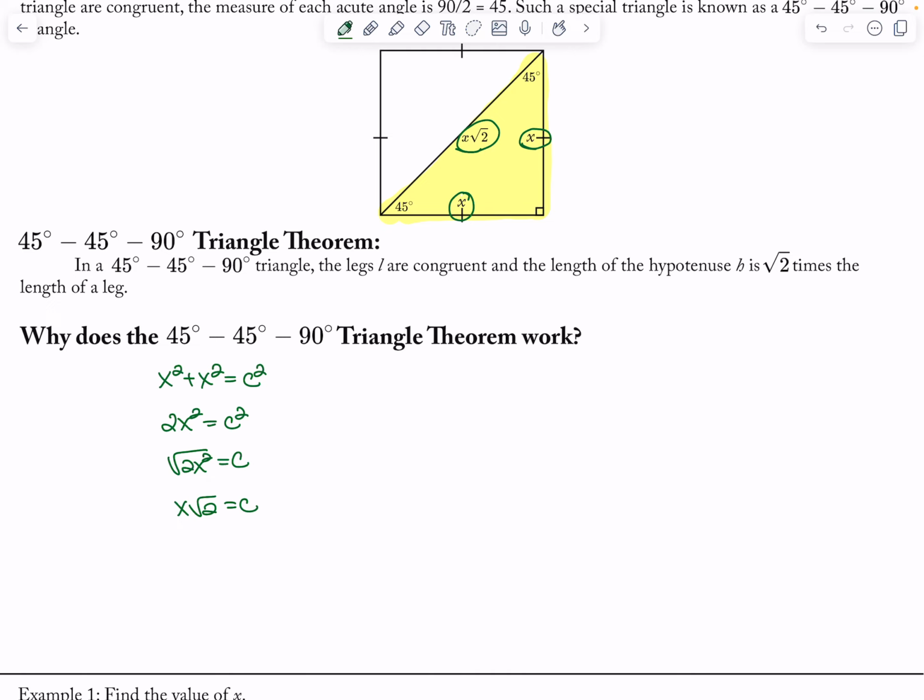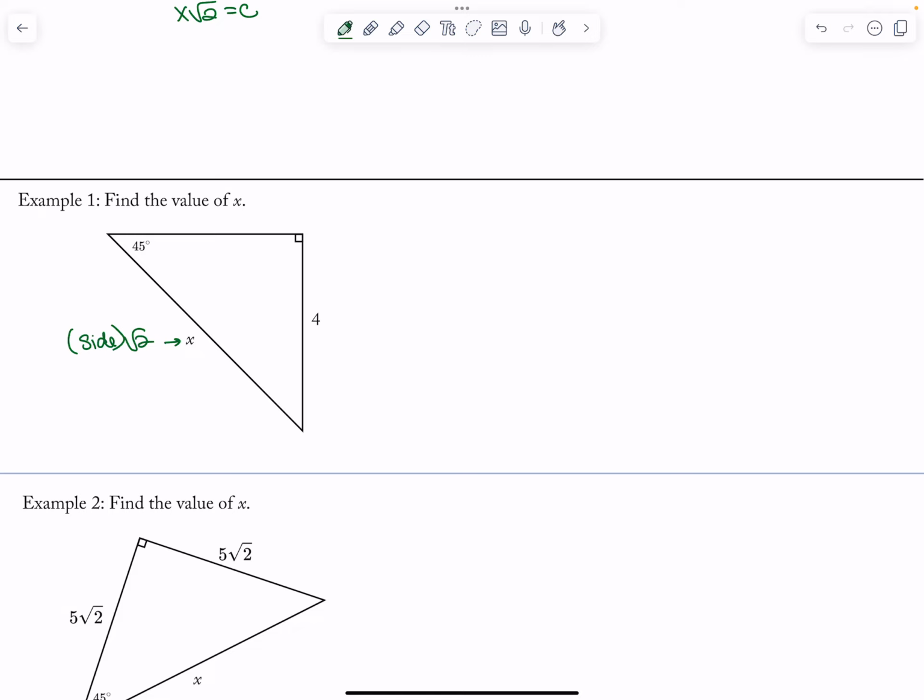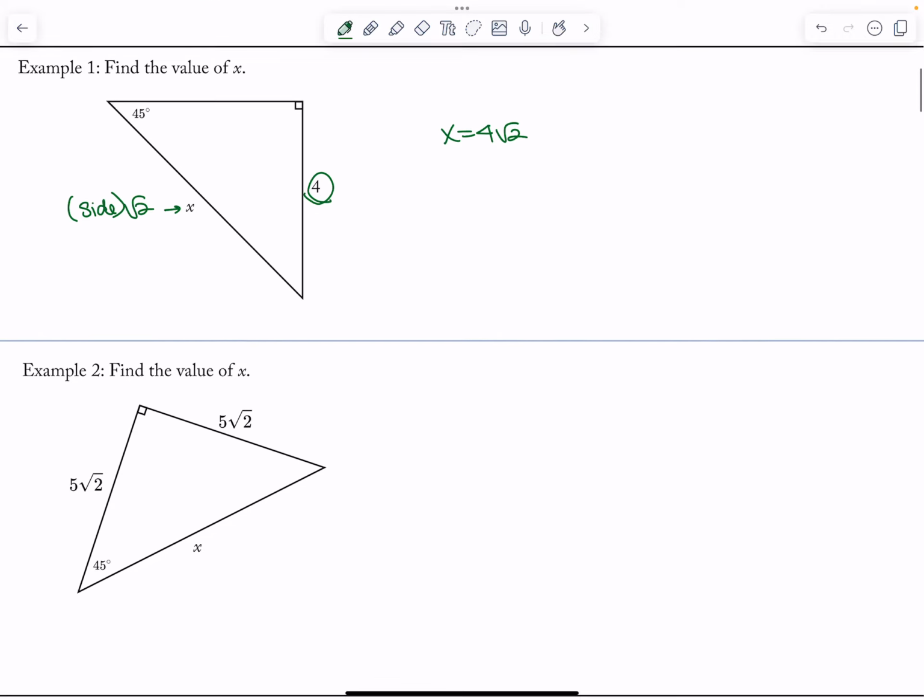Okay, so now when we look at finding the values of x, my hypotenuse here is the same thing as the side length times root 2. My side length that I have is 4, so x is going to be equal to 4 root 2. Okay.